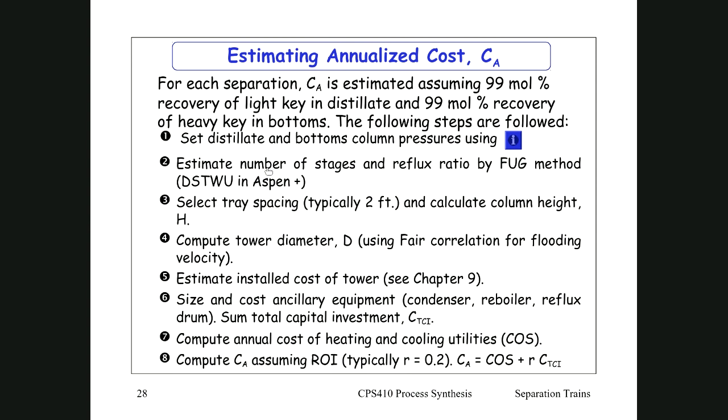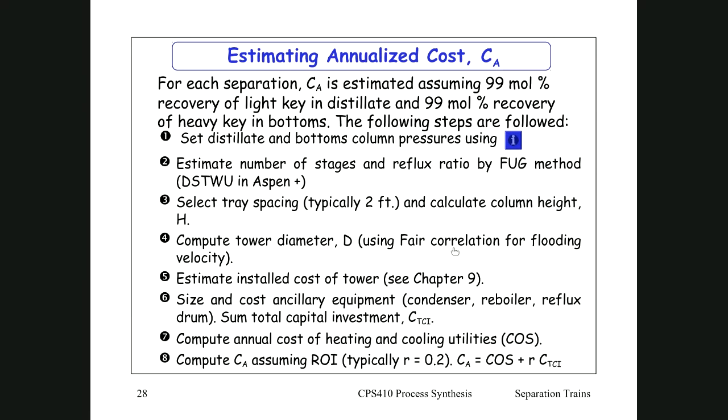Estimate the number of stages and reflux ratio by the Fenske-Underwood-Gilliland method, and that is DSTWU in Aspen Plus. Select the tray spacing, 2 foot or 60 centimeters, and calculate the column height H. If you've got the column height, then you can calculate the tower diameter using the Fair correlation for flooding.